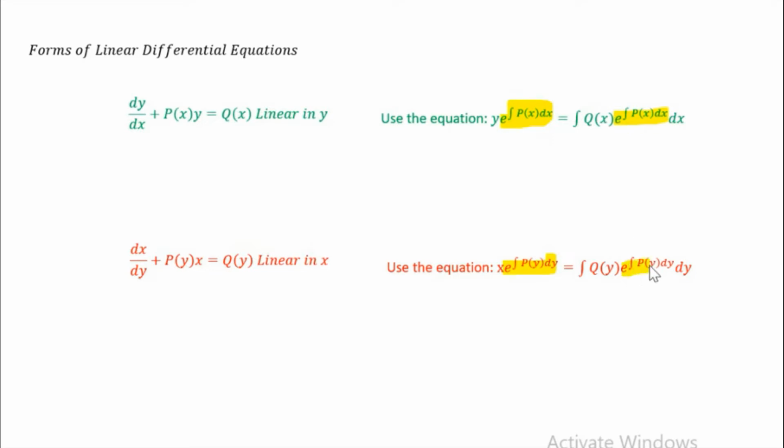Now, how are we going to find the solution of first order differential equations? Step number one, you are going to rewrite the given equation in the standard form, the forms that I mentioned earlier.